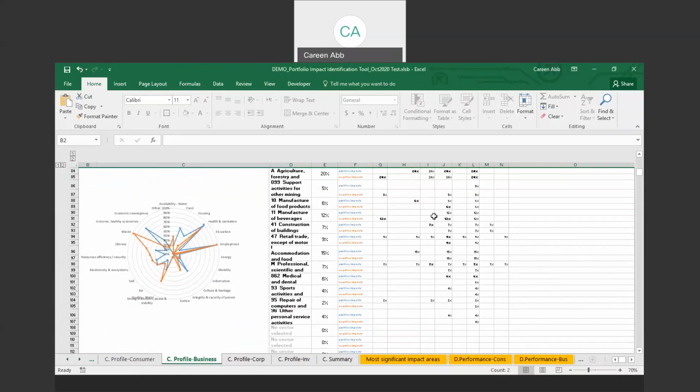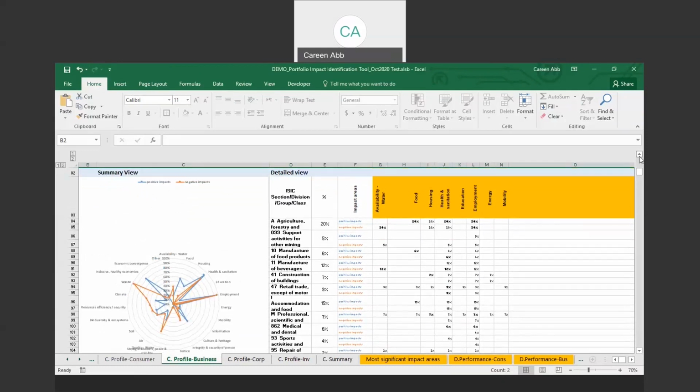And for each of these 22 impact areas, you are seeing the portion of the business banking portfolio that is associated with the said impact area. You are able to see both positive and negative associations. The blue line represents positive associations.